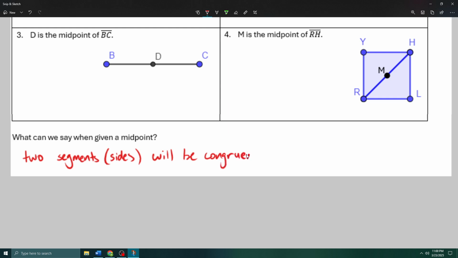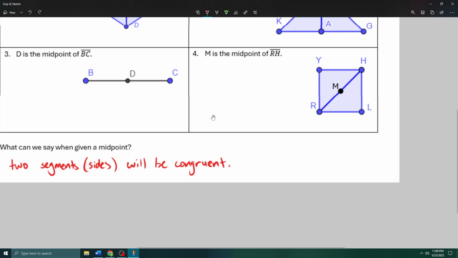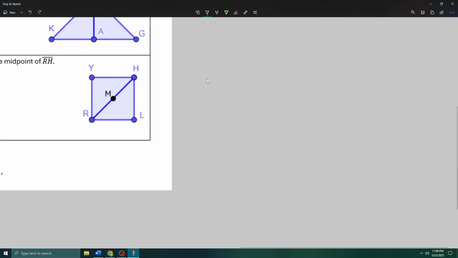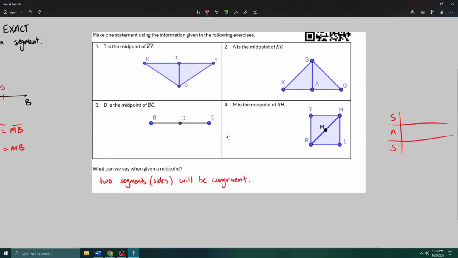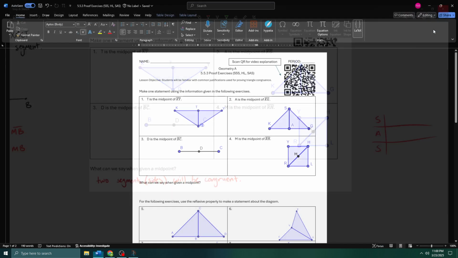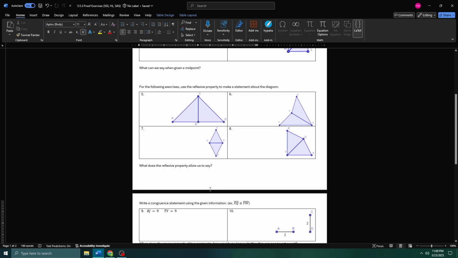So it's actually a really great thing when you see midpoint. You should instantly be saying, well, that's a third of the problem done, right? If I wanted to do side angle side and you see midpoint, you're like, oh, well, I got my first side knocked out. That's easy, right? Okay, so nothing too crazy. Let's keep moving.